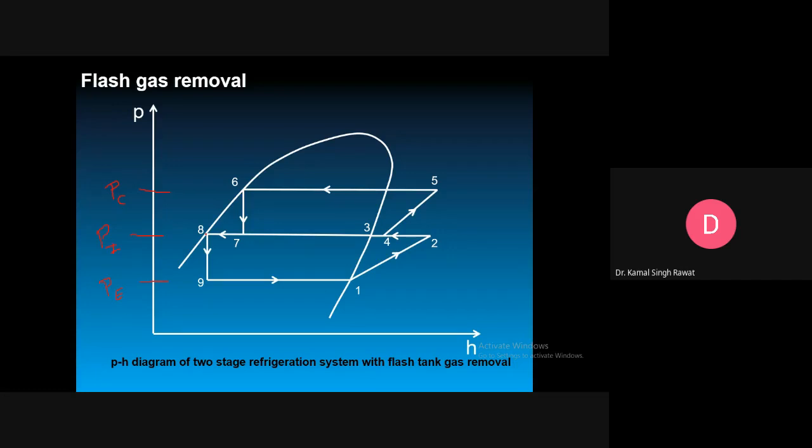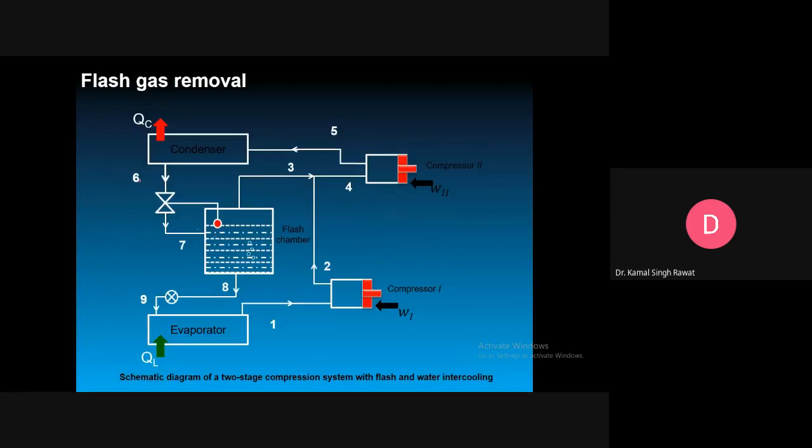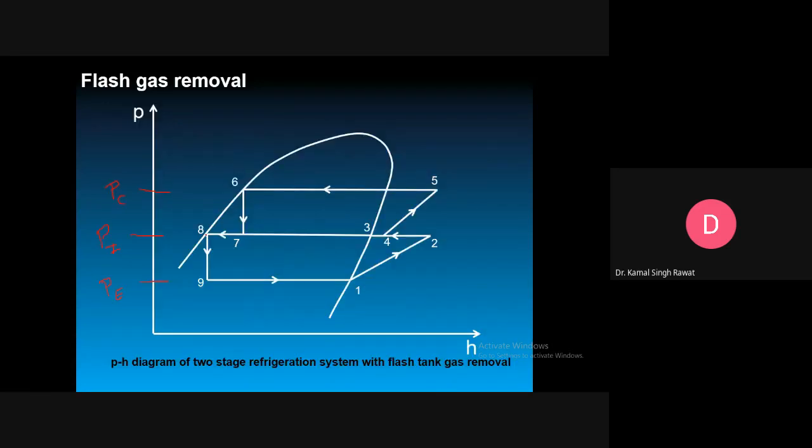At 7 we have liquid plus vapor, and we separated the vapor and liquid, so at point 8 we have only liquid. So the state of point 8 is saturated liquid.